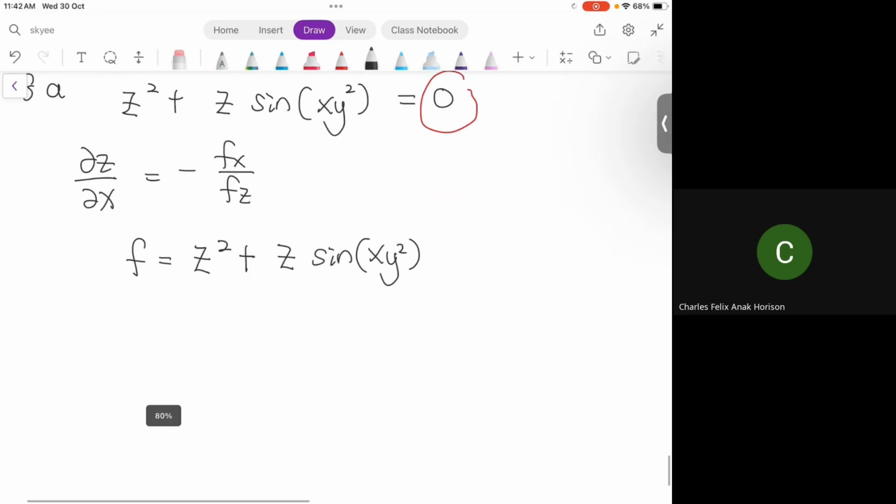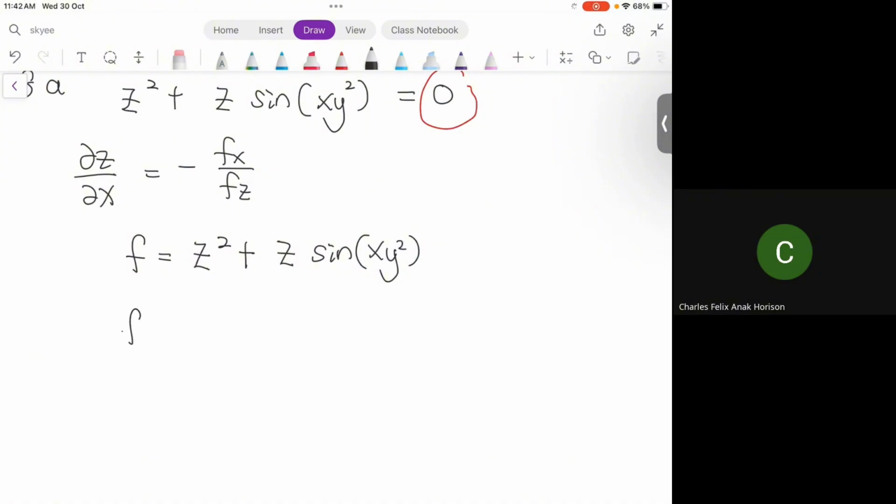Now we'll be doing fx. Sine will become cos. Now differentiate the term with respect to x. So this is fx.